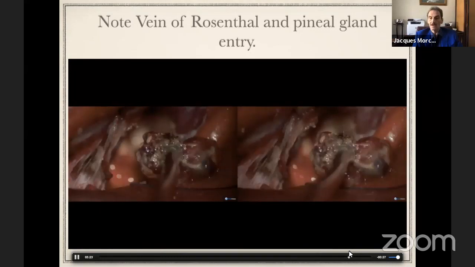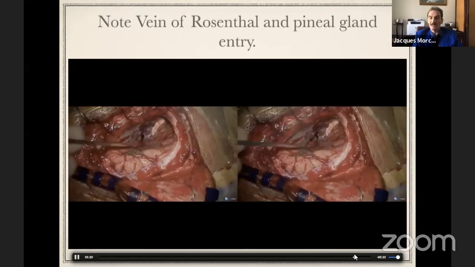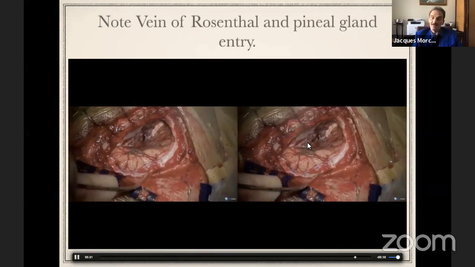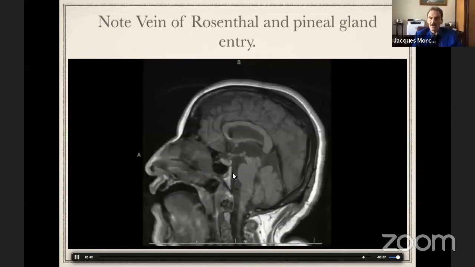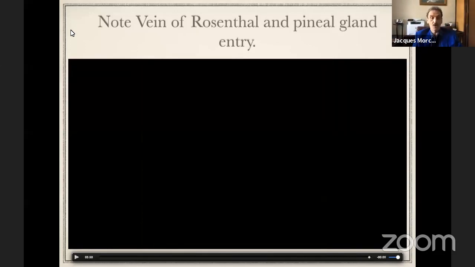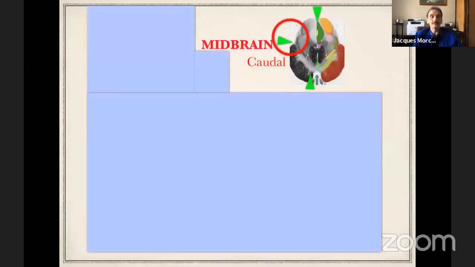You go around, gliotic plane, and here is at the end, very nice view, very nice trajectory to remove entirely. By the way, I forgot to say the CyberKnife, of course, created more scarring around it, so it wasn't as pristine a plane as it would be without radiosurgery. And here is a nice post-operative MRI.